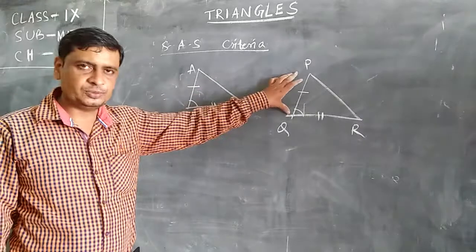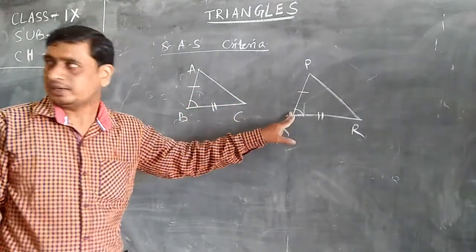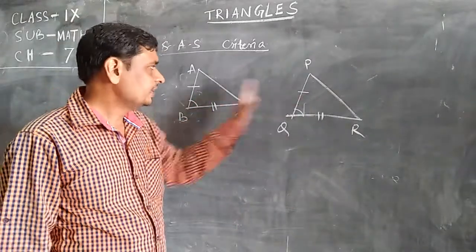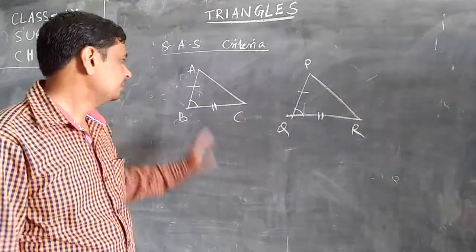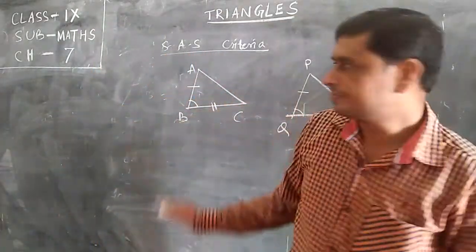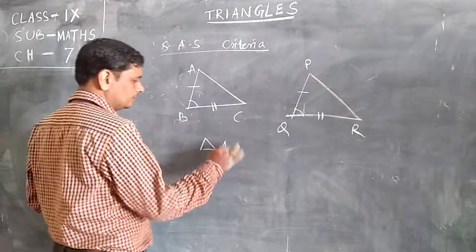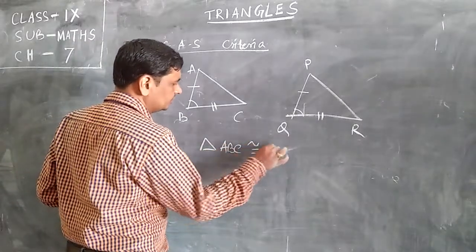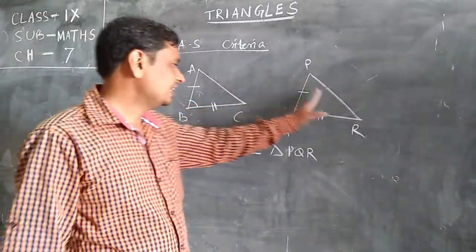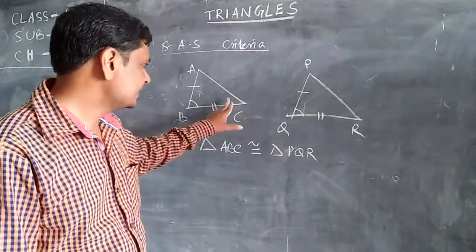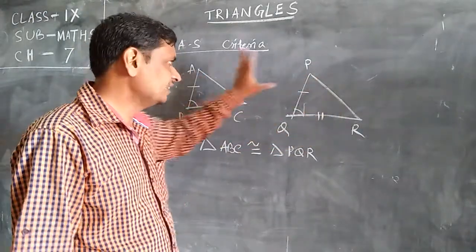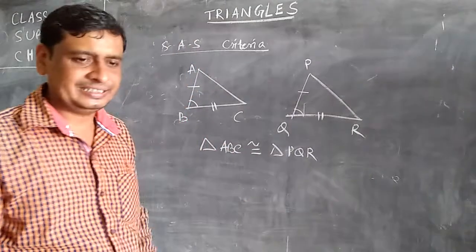In this case, we say both the triangles are congruent. This is the side angle side criteria. We can write triangle ABC is congruent with triangle PQR. After getting both the triangles as congruent, we can write angle C equals angle R, angle A equals angle P, and side AC equals side PR by CPCT.